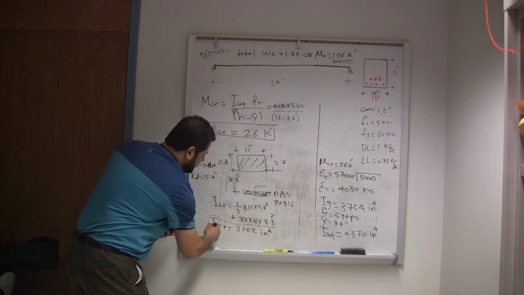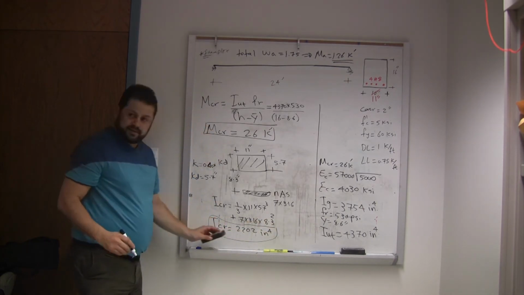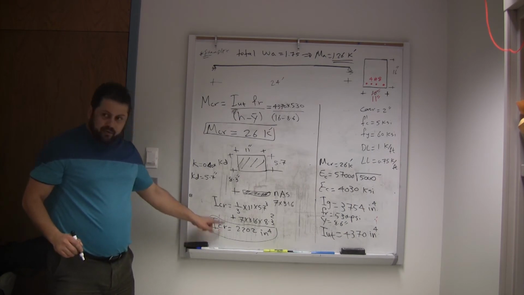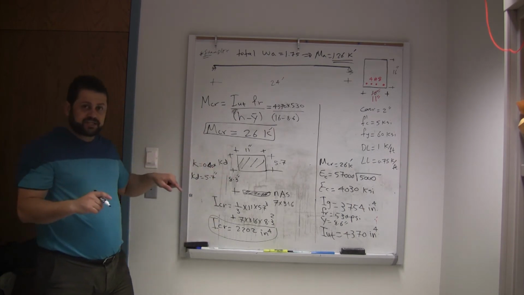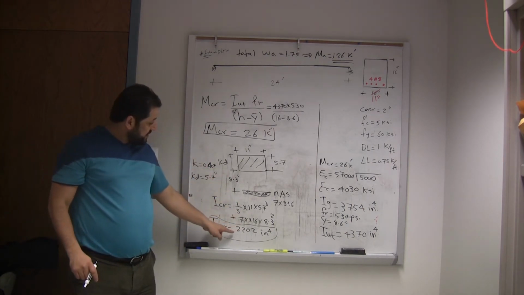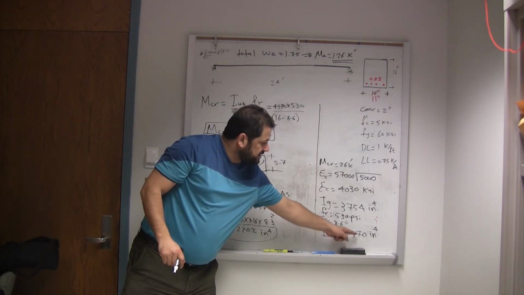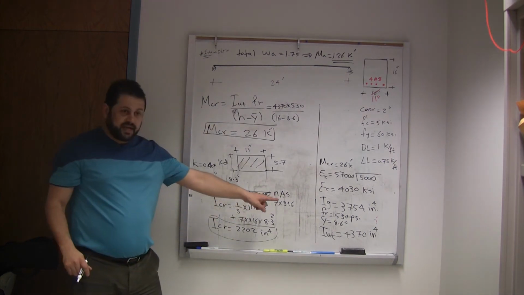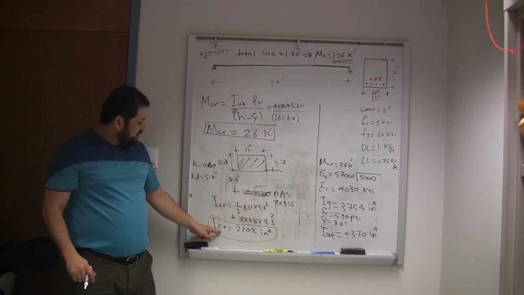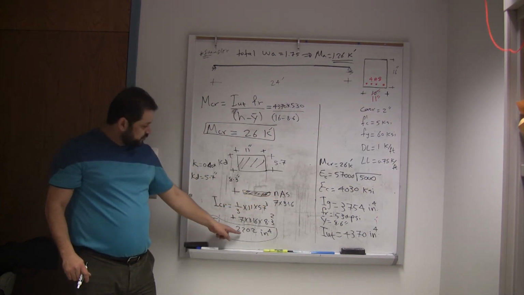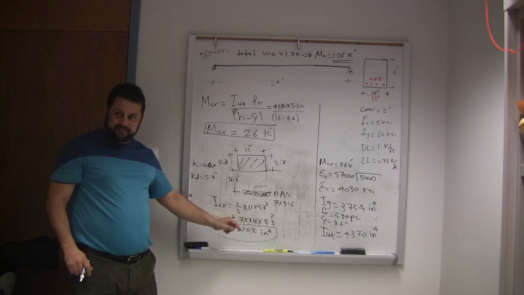Look at this now, just to notice. When the section cracks, the moment of inertia decreases from 4,370, that's the actual we have, the transformed, to this 2202. What's the ratio between them?